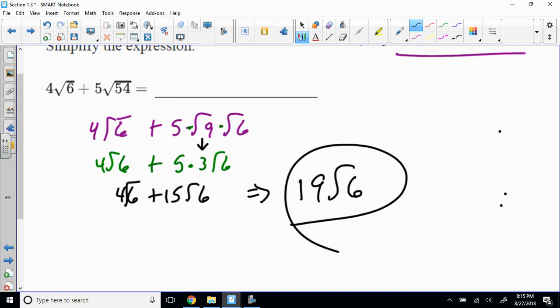Because square root of 9 becomes 3, not the square root of 3. When you multiply radicals, inside to inside, the radical's still there. But we're simplifying here.